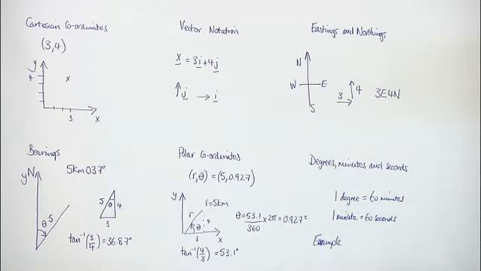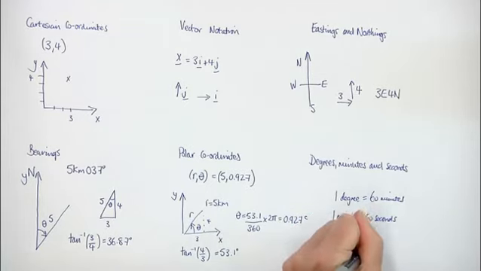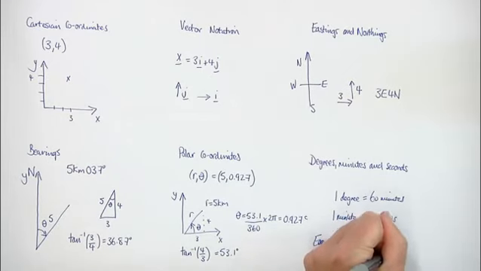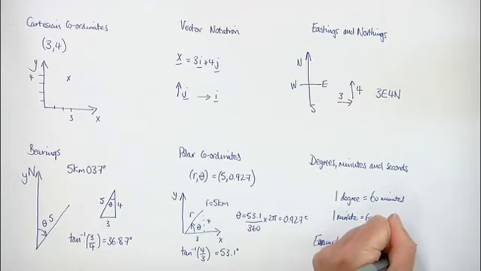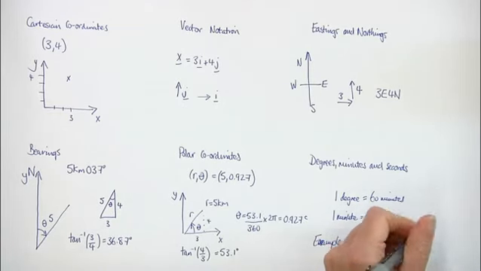For example, the angle inverse tan of 3/4 correct to the nearest second is 36 degrees, 52 minutes and 12 seconds.